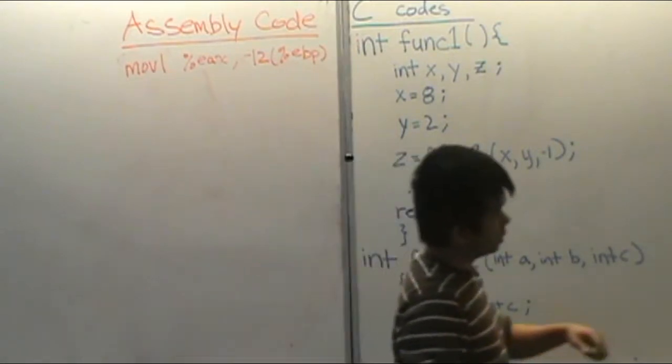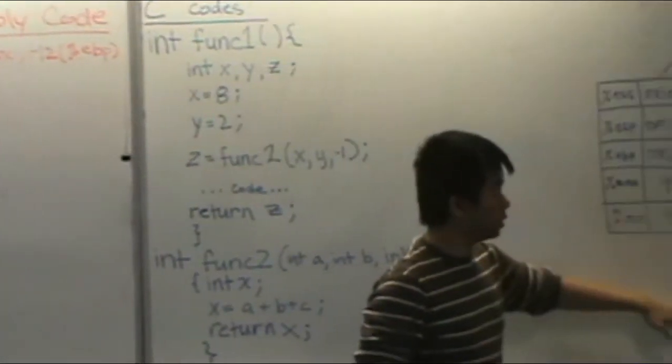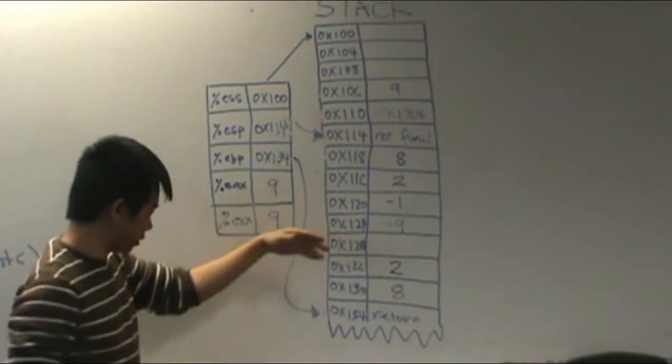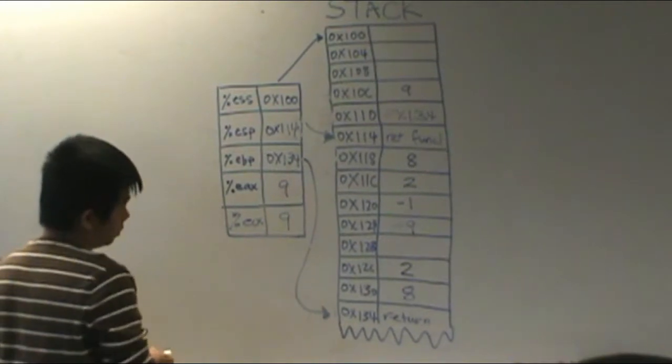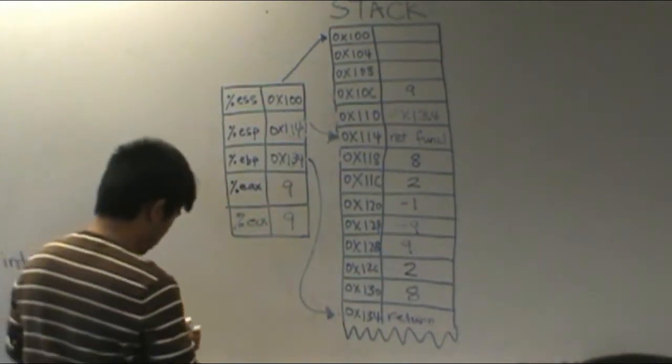So basically, EBP is here after we popped it, and 12 from EBP will be here. So this will have nothing in it.